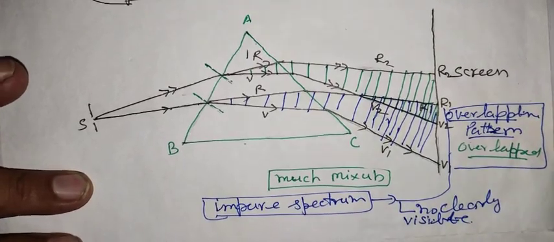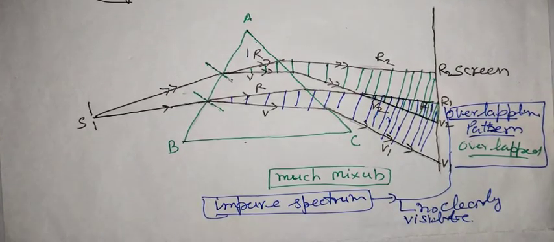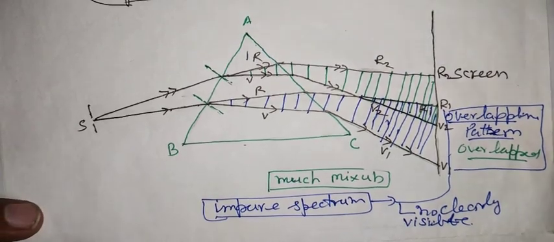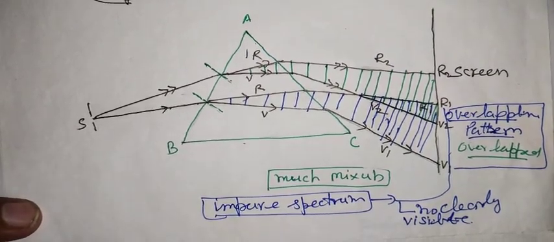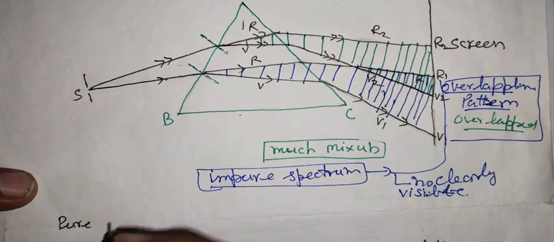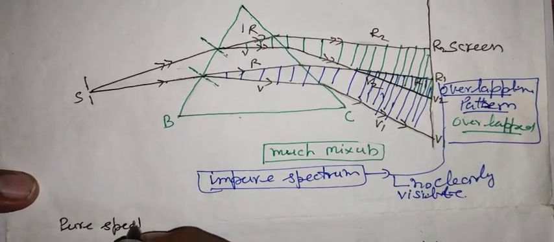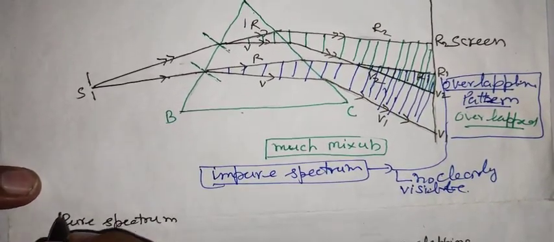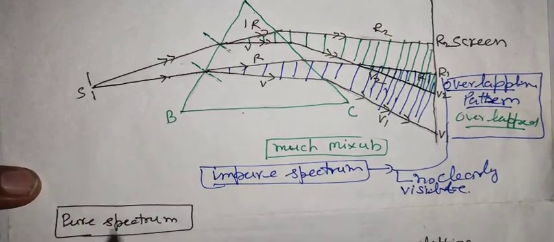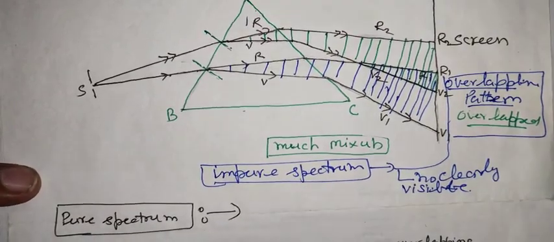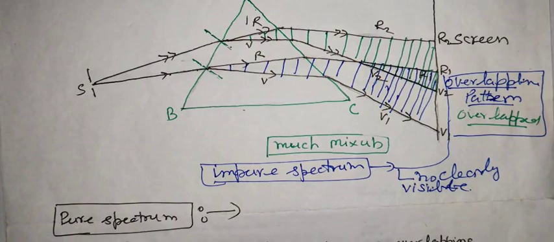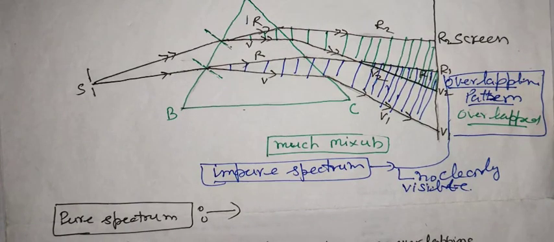Then the question arises, how can we see the pure spectrum? So see the concept of the pure spectrum first of all.